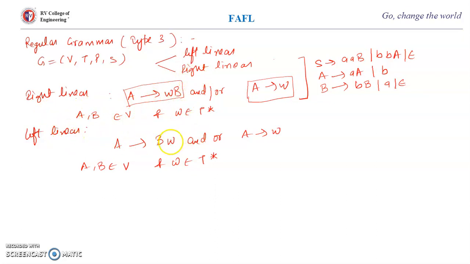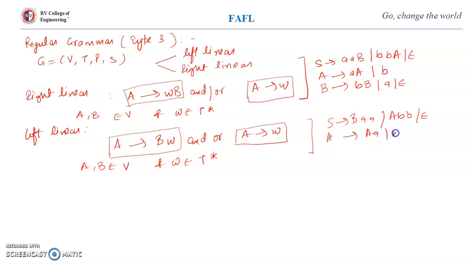In case of left linear grammar, we can have only a set of terminals and even the null string, or we can have a single non-terminal and a set of terminals, and here the single non-terminal should be the leftmost symbol. So the example of a left linear grammar can be S to BAA, ABB, epsilon, and then A to AA, B, and B to BB, A and epsilon.